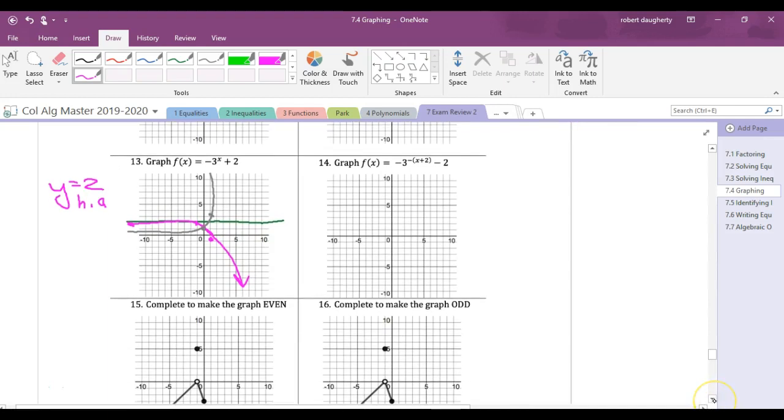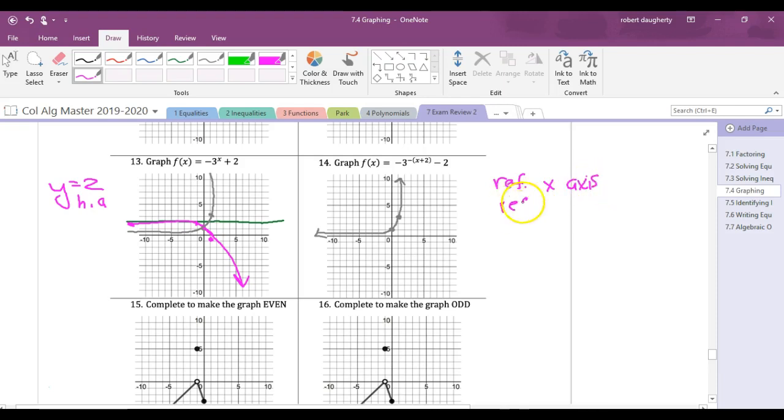The next one's a little bit more complicated. So again, if I look at 3 to the x, what does that one look like? That looks something like this. What has happened? I need to account for that it's reflected about the x-axis.